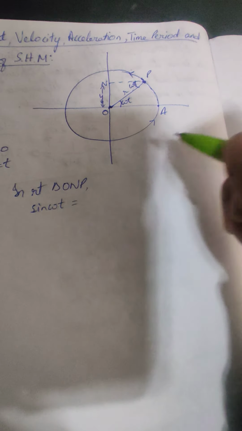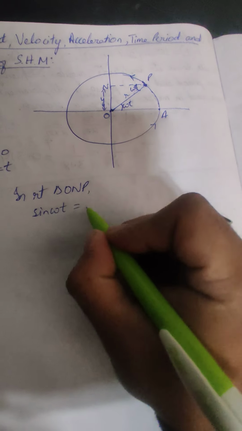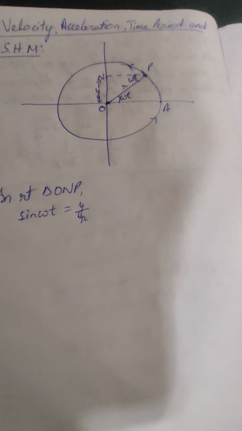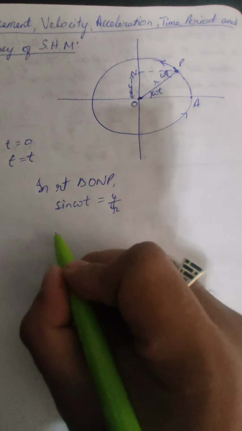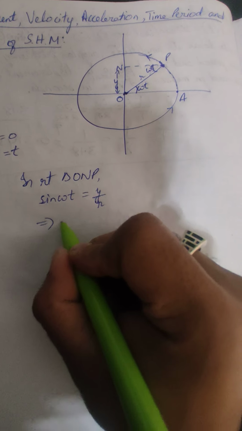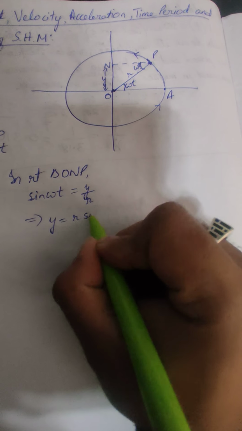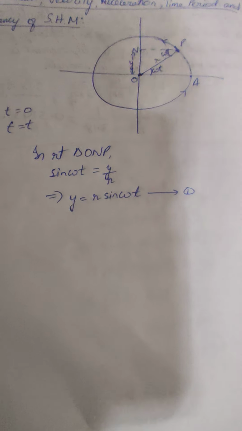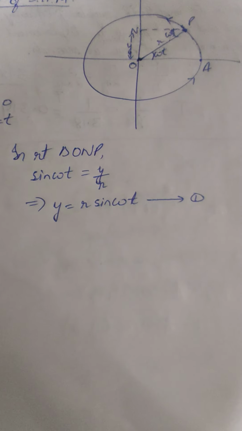The perpendicular is y and the hypotenuse is r. If we cross multiply, we have y equal to r sine omega t. Let's give this equation number 1: y equal to r sine omega t.